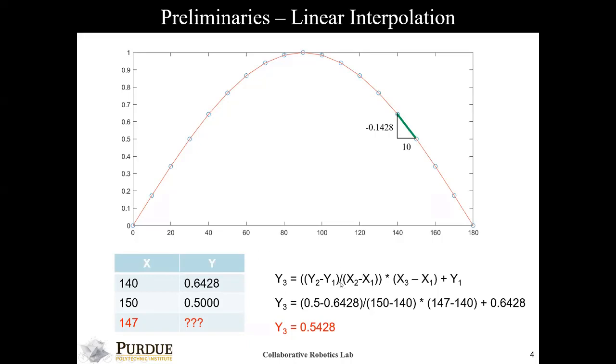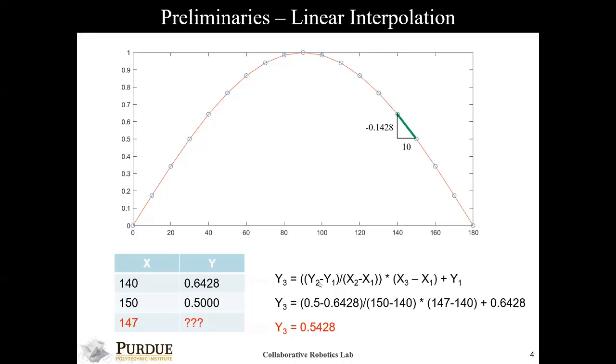Here's M, the slope, which is just the difference in Y over the difference in X between these two. There's a difference of 10, that's the X difference, and a difference of negative 0.1428. So it's going down for a positive run in X.